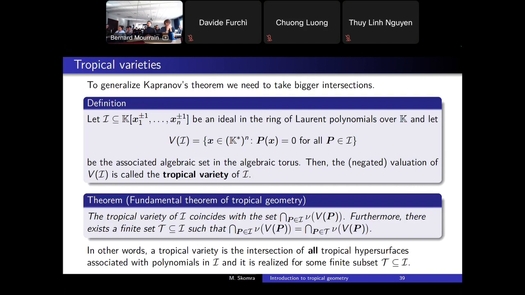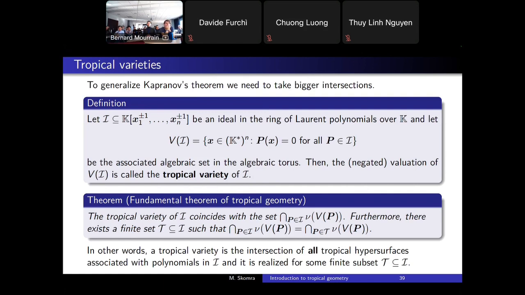Let me try to unpack this notation. Here I have a large collection of polynomials in the ideal. I tropicalize every single one of these polynomials. I take the tropical hypersurfaces of every single one of these polynomials. I intersect all of them, and that will give me the tropical variety.